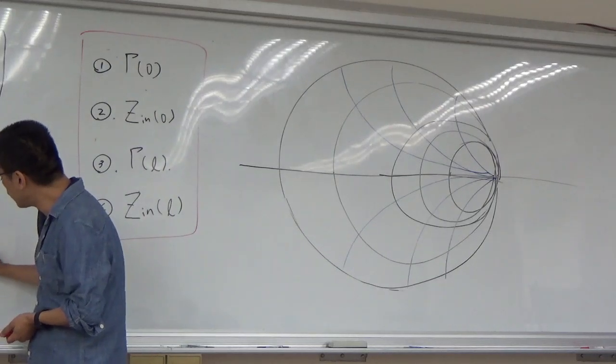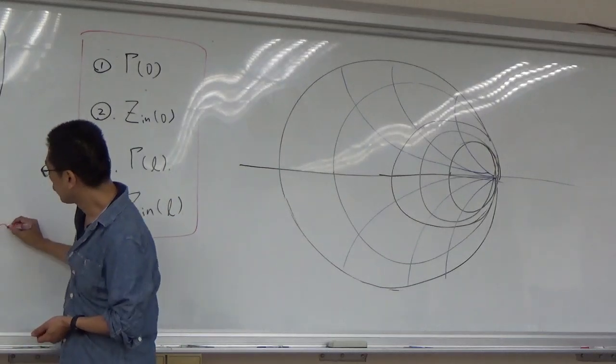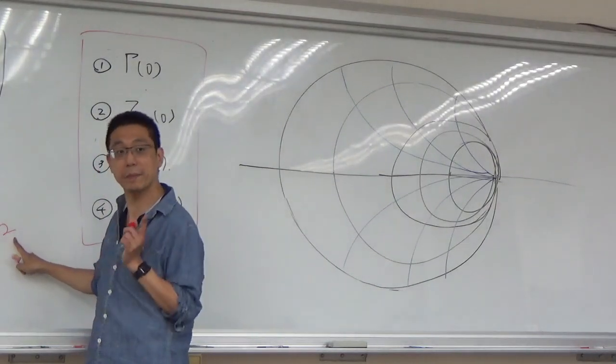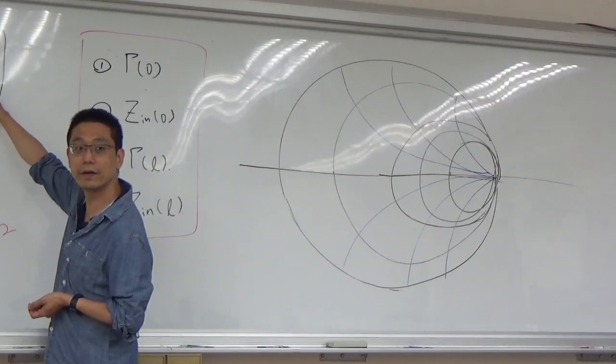ZL over Z0 equals 2, right? It is a pure number here, but it is possible that it is imaginary or a complex number.